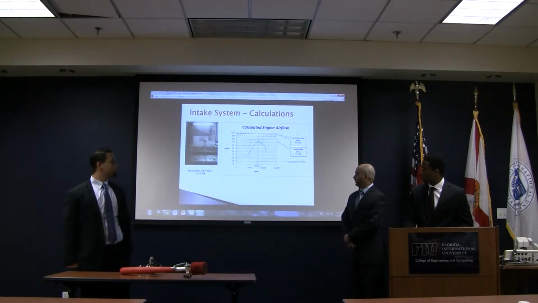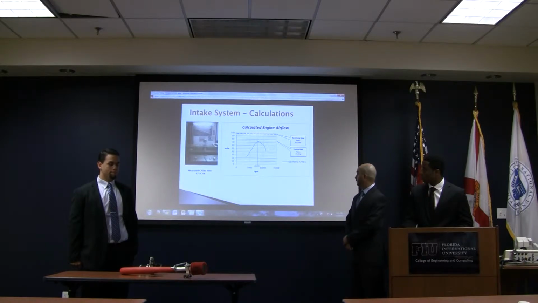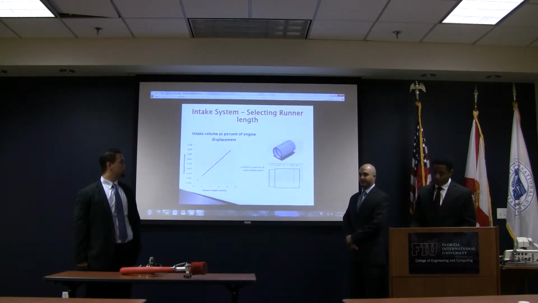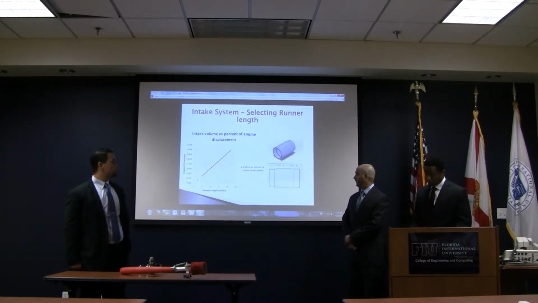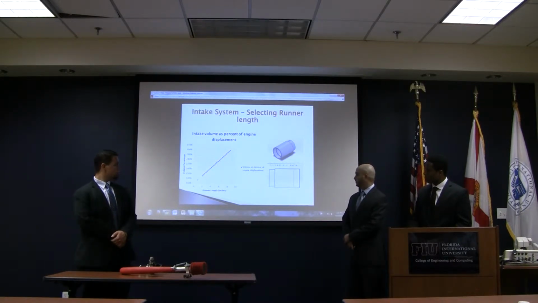We measured the choke flow, or maximum airflow, of our restrictor on a flow bench and compared that to our maximum expected airflow for our engine, and found that the choke flow was much higher on the restrictor than what we expect our engine to draw. We then looked at the size of our intake system in terms of volume and studied how that impacted engine performance. We then developed a simple way to change the size of that volume in order to tune the engine for our specifications.